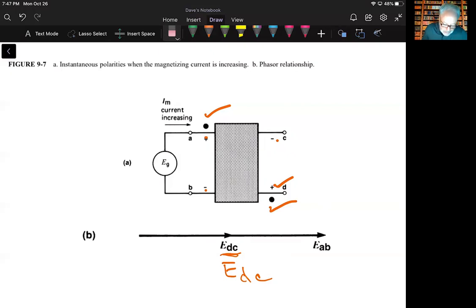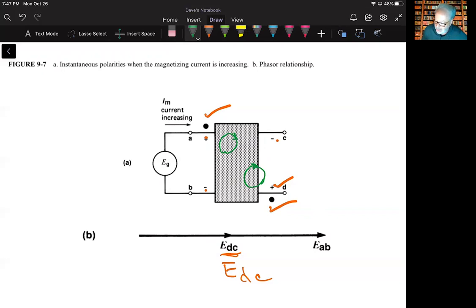So that would be the importance of the polarity mark and understanding these relationships, and what that would mean in terms of the flux. The flux produced on the primary side would be in this general direction, and then connected from here on the secondary side, that flux would also be in that direction if they were in phase.